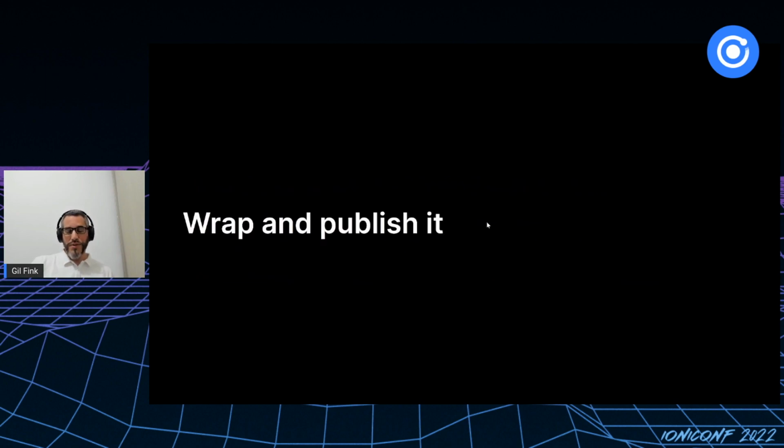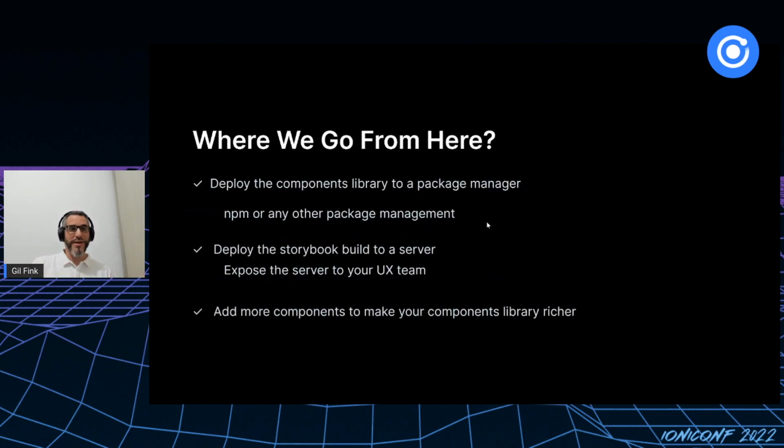Wrap it and publish it. Publish the component library. You can take the component library and just build it. There is a build step in Stencil, and just put it on NPM, and people will be able to use your component library or your design system component library.